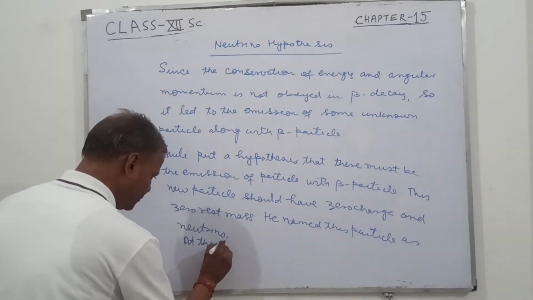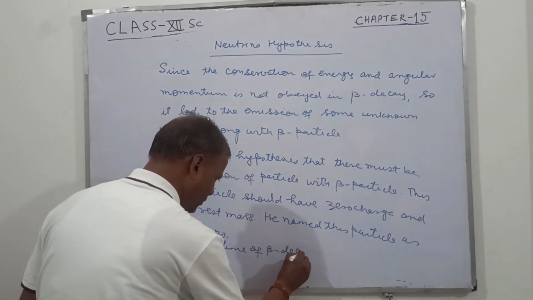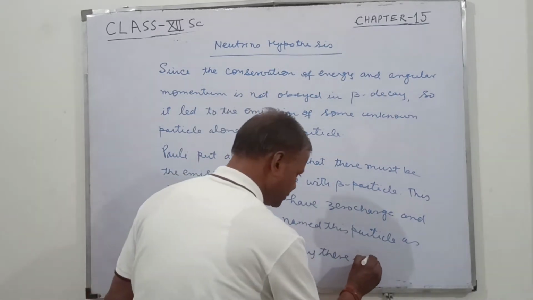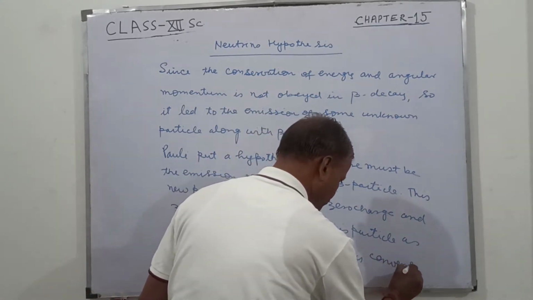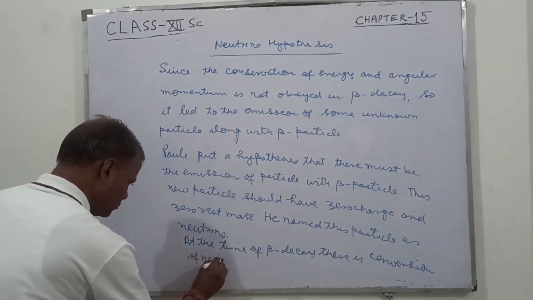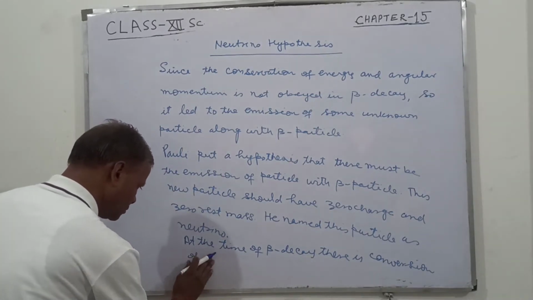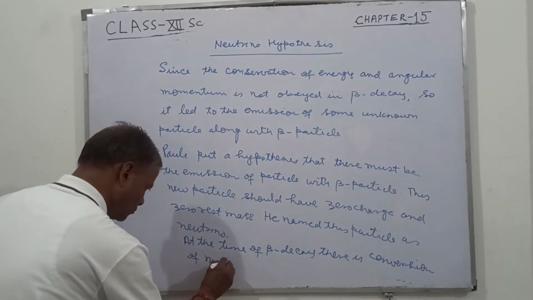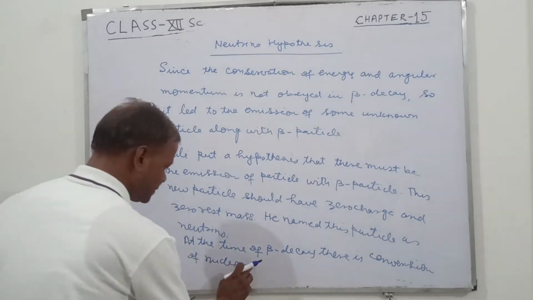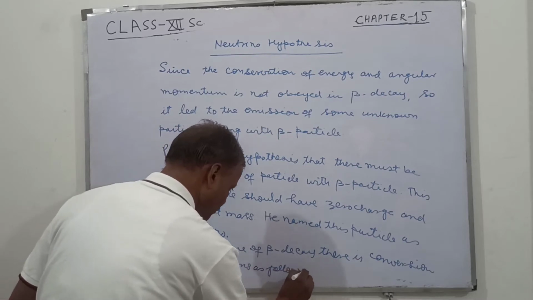At the time of beta decay, there is conversion of nucleons as follows.